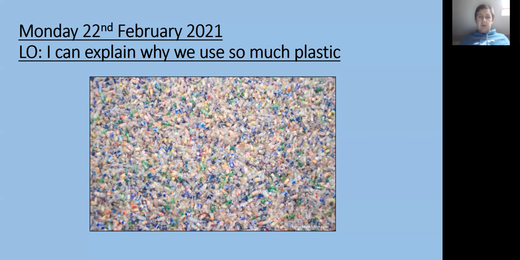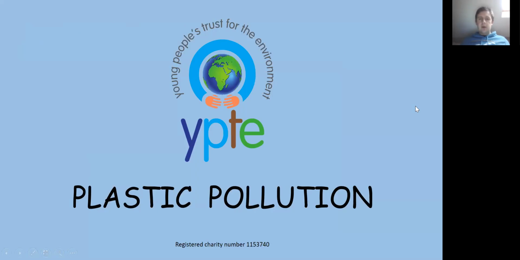Okay, so to start us off, this is a charity that we're going to be doing some of our lessons with, Young People's Trust for the Environment. I'm hoping that during the space of this unit, a lot of you, if not all of you, really start to think about the ways in which the choices we make in our lives, and a lot of the choices we make just because it's easy, the effect that's having on our environment.